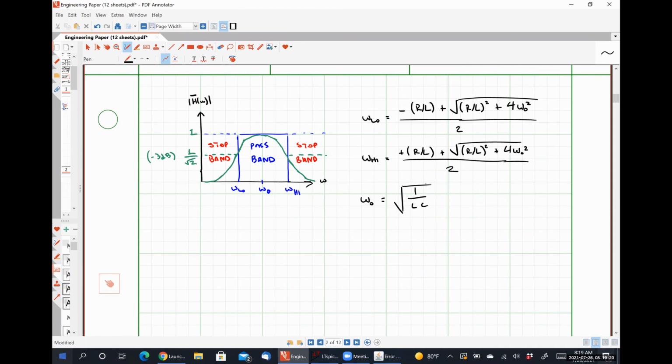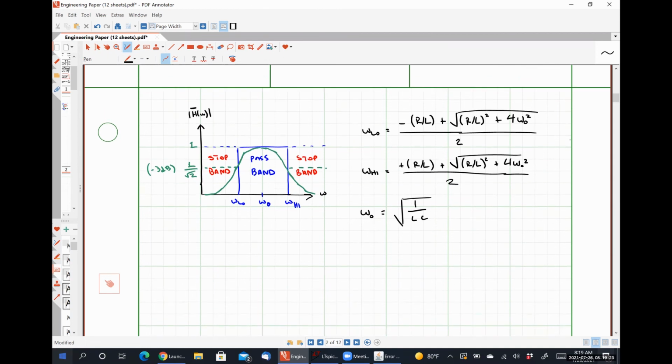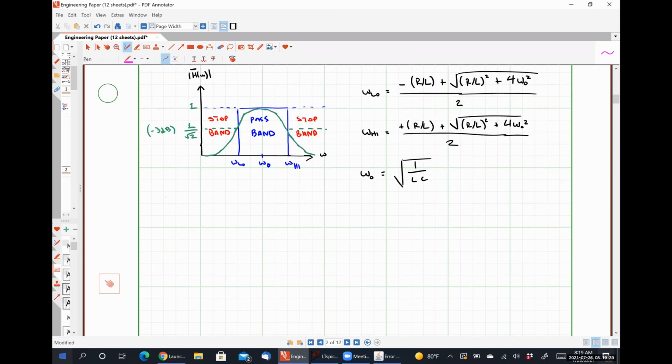We could actually, if we rolled that factor of over 2 into our expression for omega low and omega high, so I'll do this in pink, we could recall for series RLC, alpha was R over 2L and omega naught was the square root of 1 over LC.